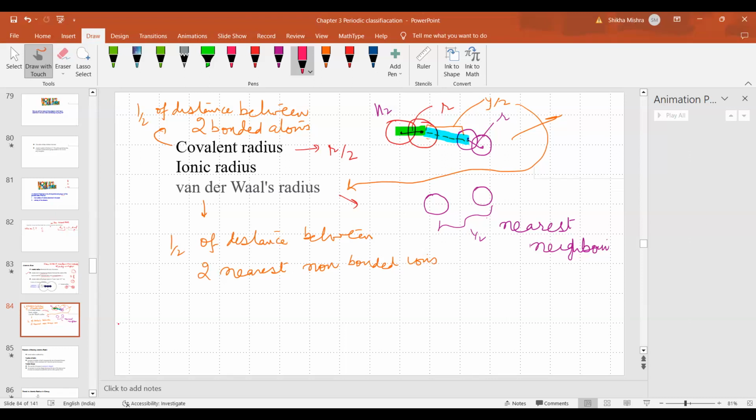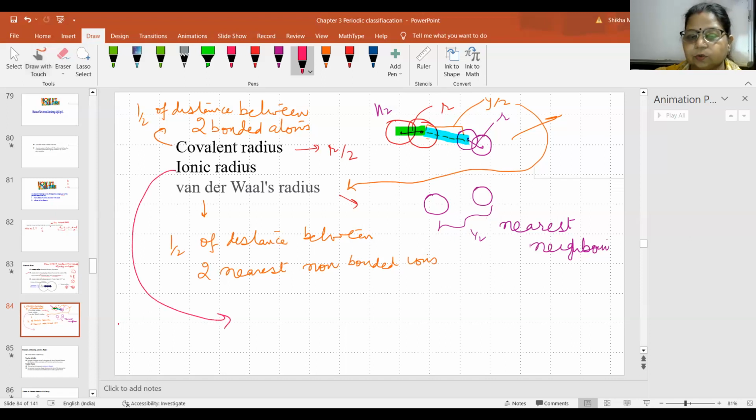Okay. Again, I'm telling you, this concept may not be in your books, but it is important from the competitive perspective. Now, talking about the ionic radius. In ionic radius, we say it is the distance between, I believe, cation and anion. Both of them are clear to you?